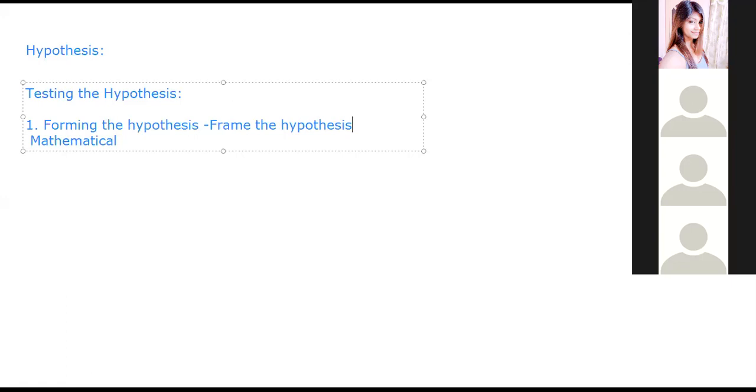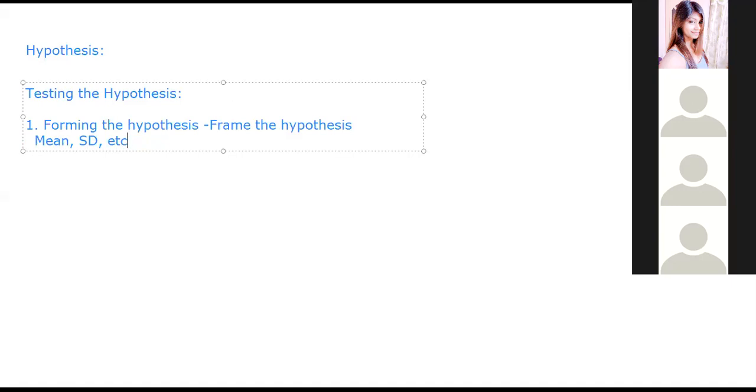One way is that you can write it in a mathematical way. Generally, I have told you, with a hypothesis you are telling something about the population. Now, what is this something? It could be the mean, or it could be the standard deviation, or it could be anything about the population.